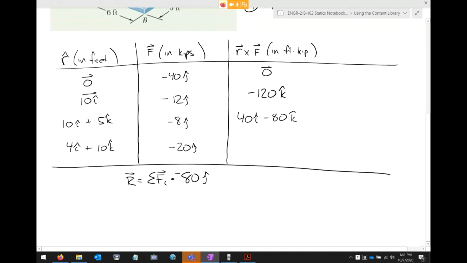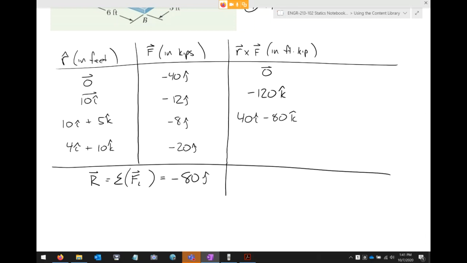I'm going to scooch this over a bit. What about this last one? Anybody got this one for me here?